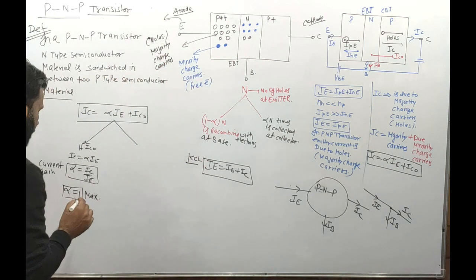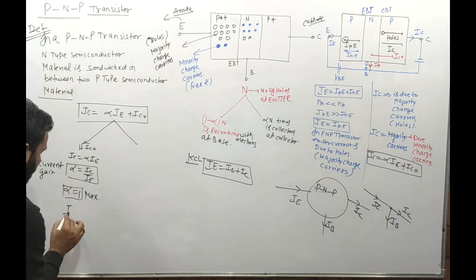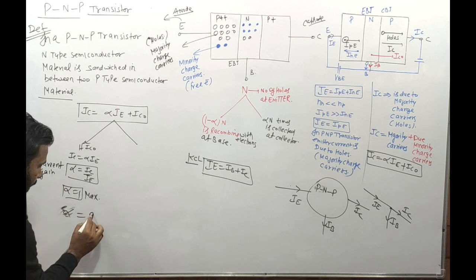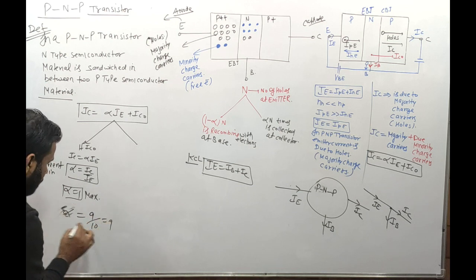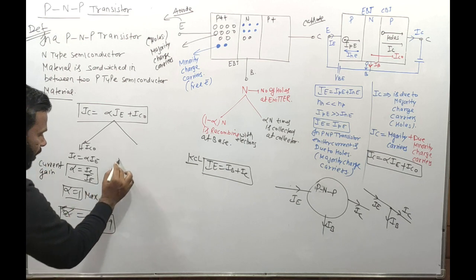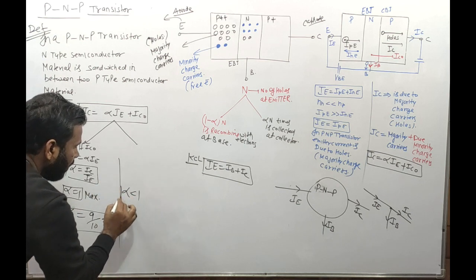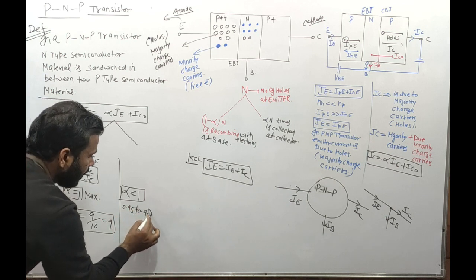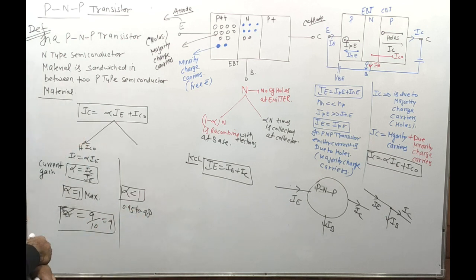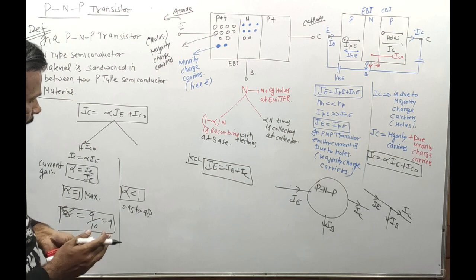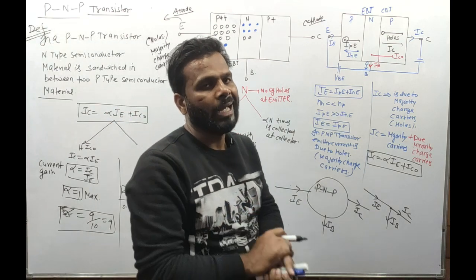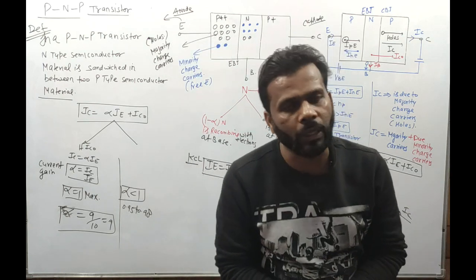Then alpha is 9 upon 10, that is 0.9. So in general alpha is less than 1, like 0.952 or 0.98. Clear? And this alpha mainly depends upon the temperature and the collector to base voltage.